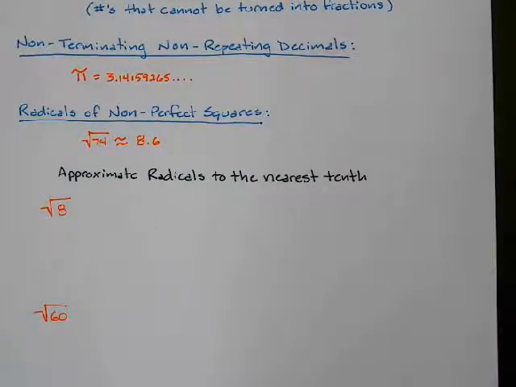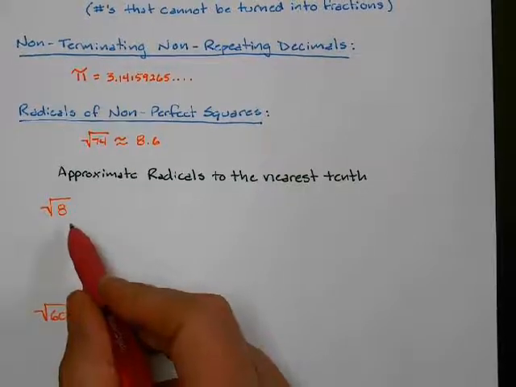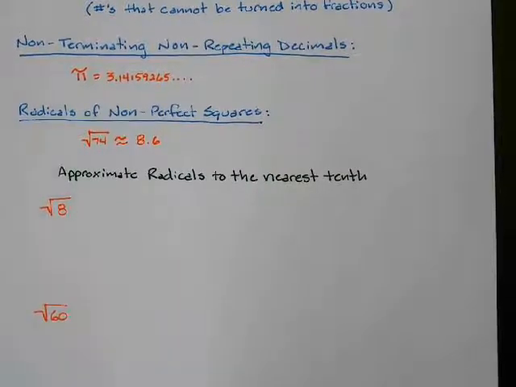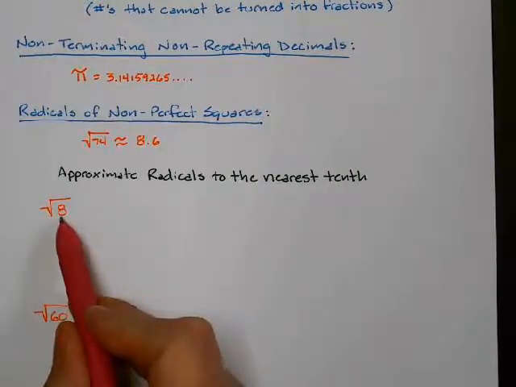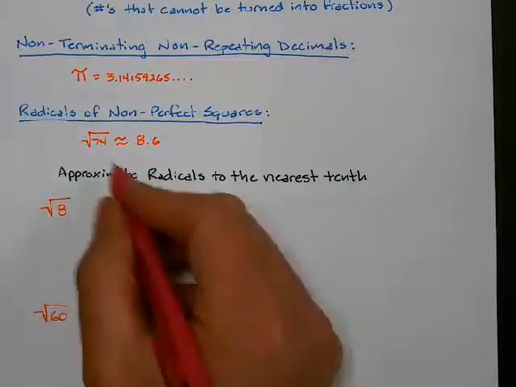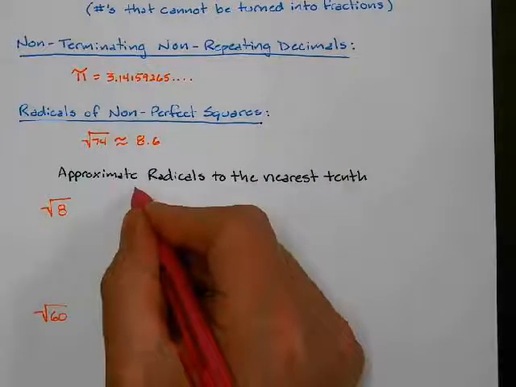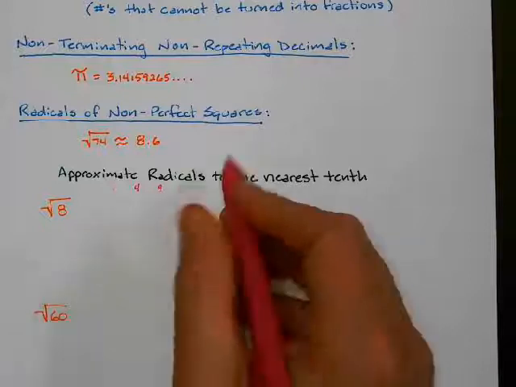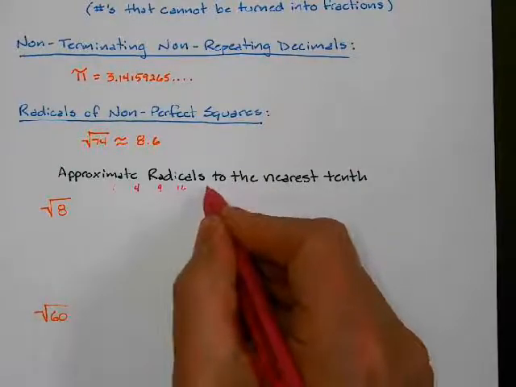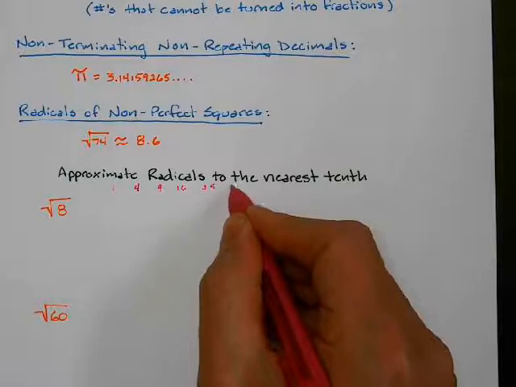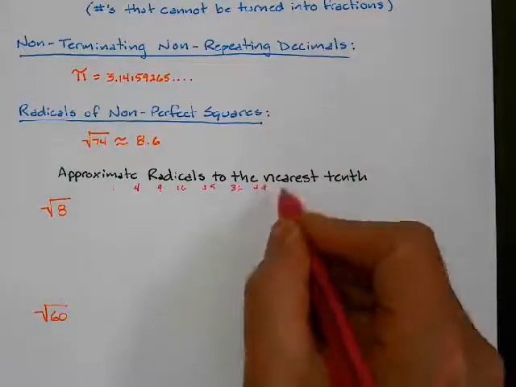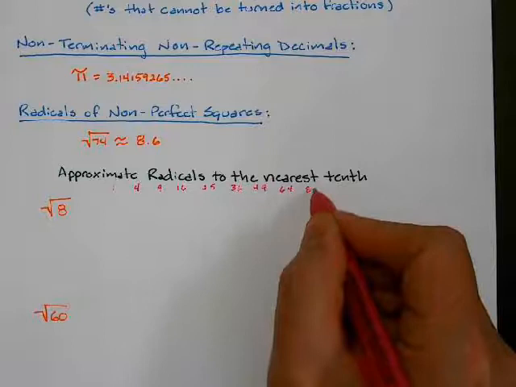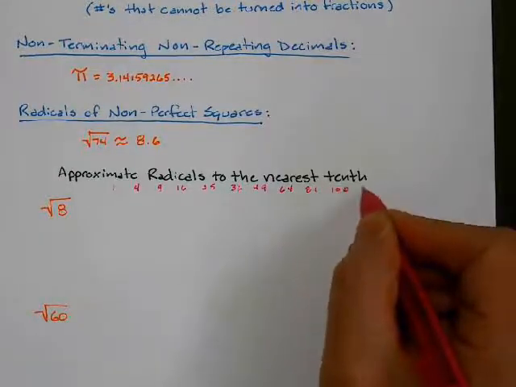Now, the first thing I want you to think of when you are approximating a radical is what perfect squares does 8 lie between? Now, our perfect squares would be 1 times 1 is 1, 2 times 2 is 4, 3 times 3 is 9, 4 times 4 is 16, 5 times 5 is 25, 36, 49, 64, 81, 100, 121, 144, 169, so on and so forth.